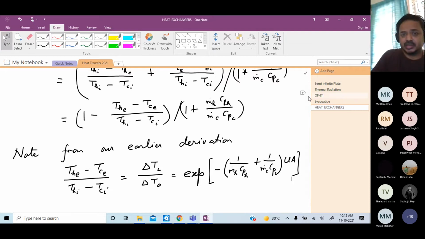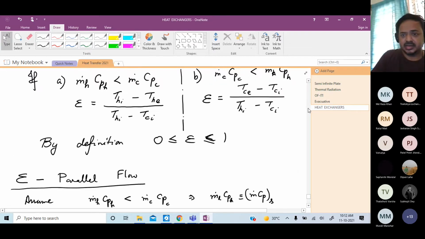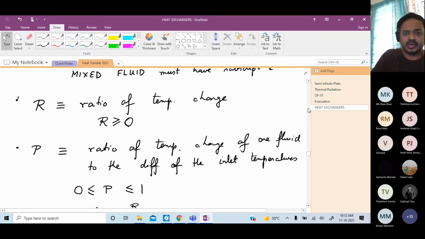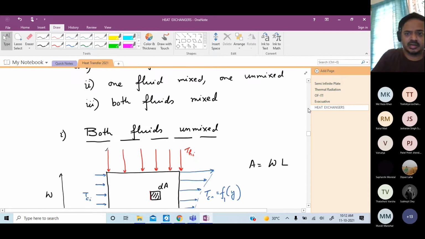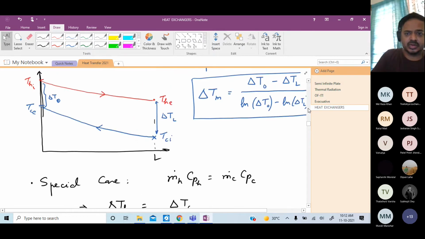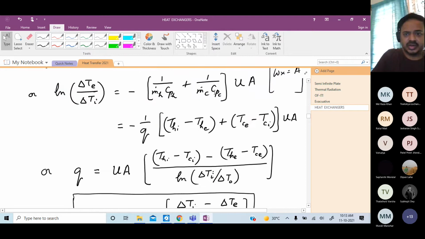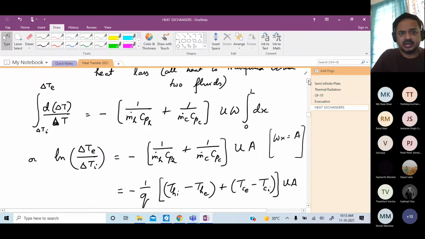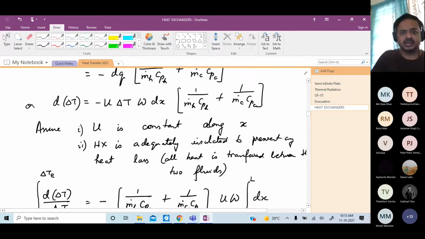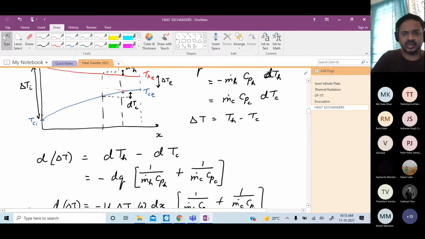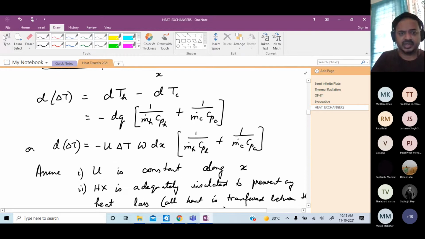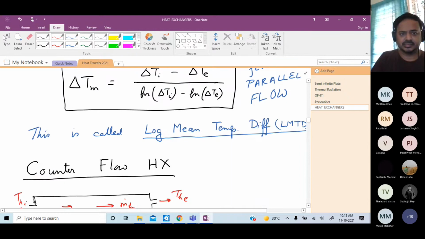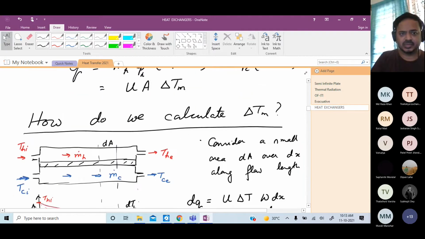Let us see. I mean, is it correct? Go back quite a bit. You can go back to your notes as well. This is when, look here, we were trying to calculate the LMTD for parallel flow here.